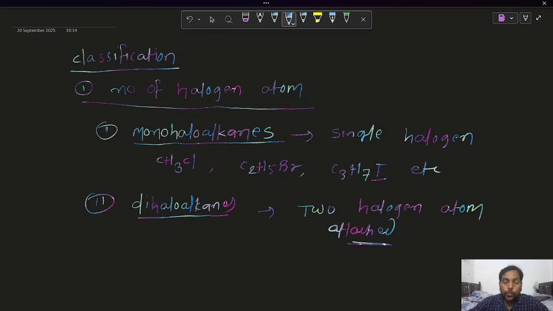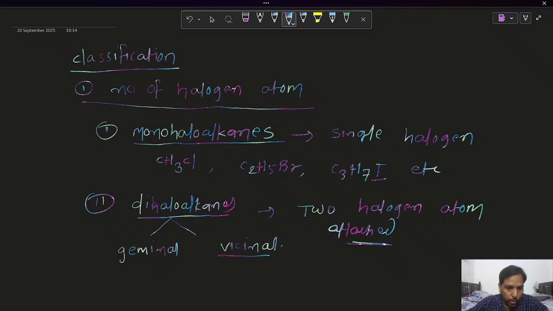When two halogens are attached at the single carbon atom, we call it geminal. We can classify it as geminal as well as vicinal. And the second one is vicinal.